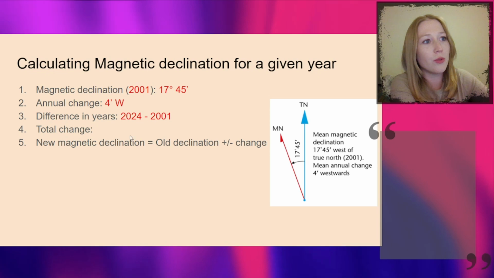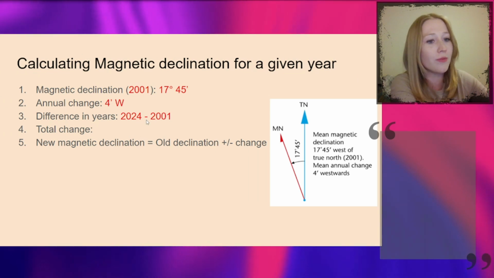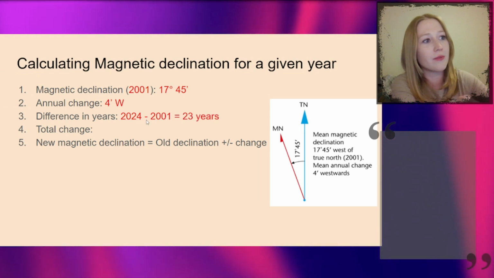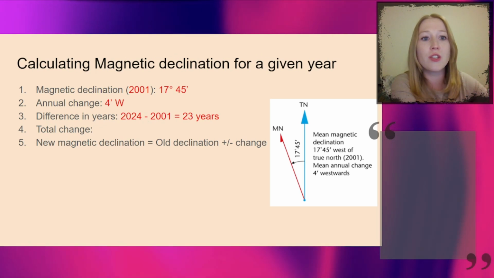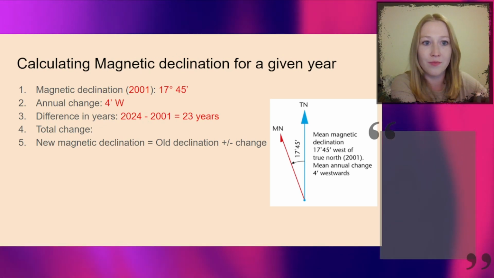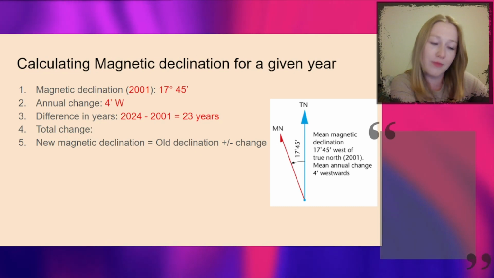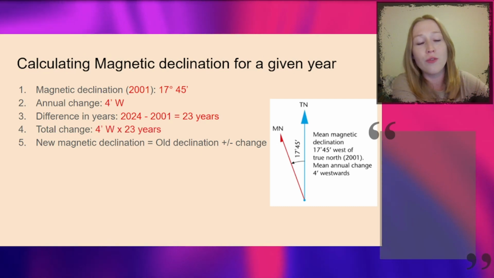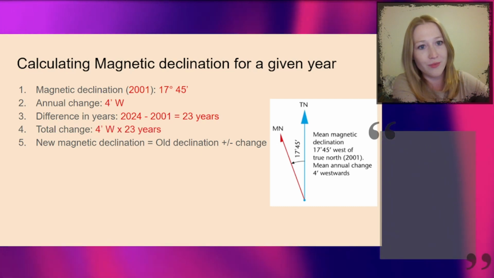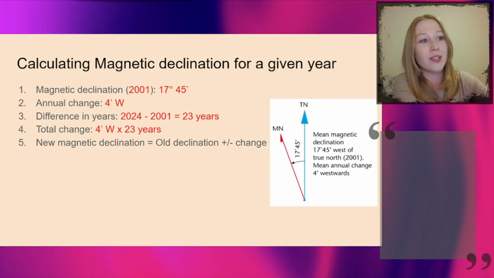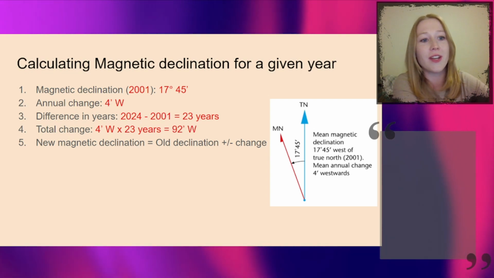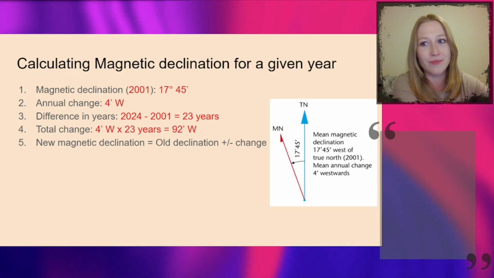So I take the new year, 2024, minus the old year, and it's changed for 23 years. So how much should it change altogether? 4 times 23. And I just did a little number crunching, and you get 92 minutes.